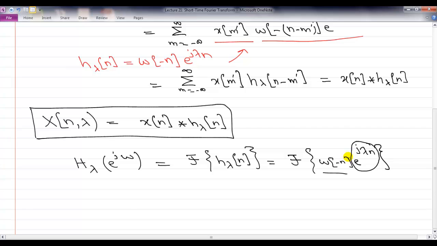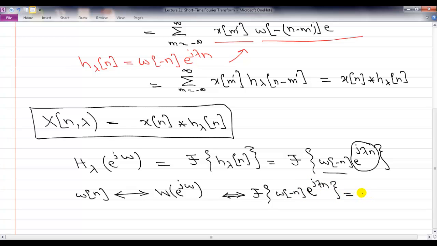So if your w of n had the Fourier transform W of e to the j omega, then the Fourier transform of w of minus n e to the j lambda n is simply W of e to the j (lambda minus omega). Okay, this just follows from the basic discrete-time Fourier transform property.